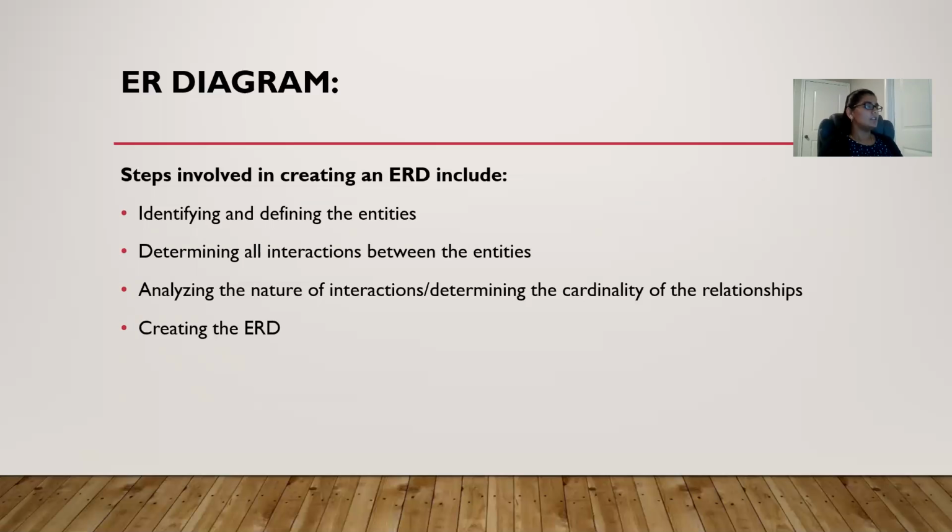So once we identify the tables required, we also identify the interactions among the different tables. Then the next step is analyzing the nature of interactions or determining the cardinality of relationships. So the third step is to determine the relationship among the tables. Once this is done, in the final step, we can create the entity relationship diagram.